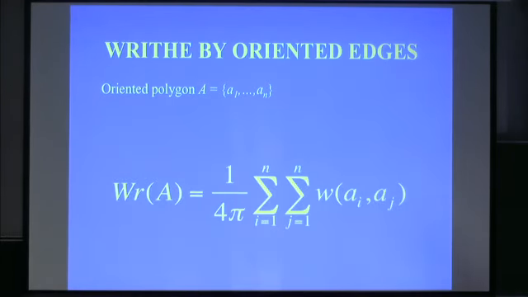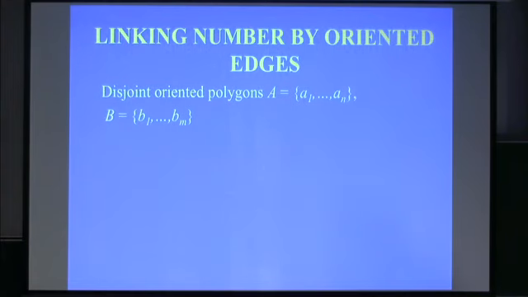So you can compute the writhe of an oriented polygon like so. You have n edges. The writhe is, you average, so 1 over 4 pi, where 4 pi is the area of the unit 2-sphere. And you can simply look at every edge a_i against every other edge a_j. So that's the writhe of a simple closed curve. Linking number is essentially the same.